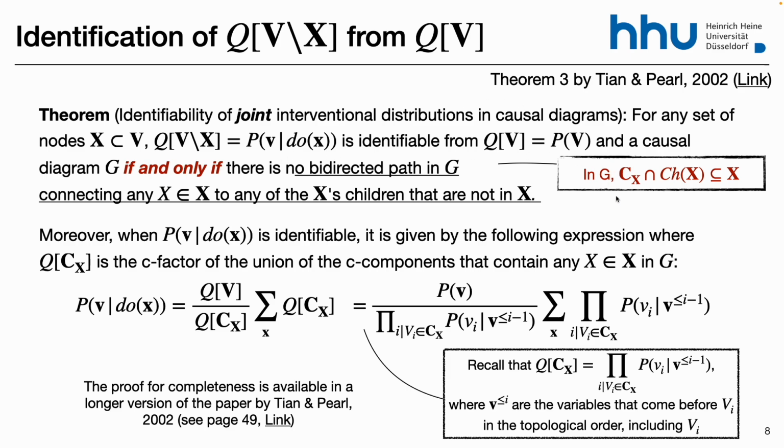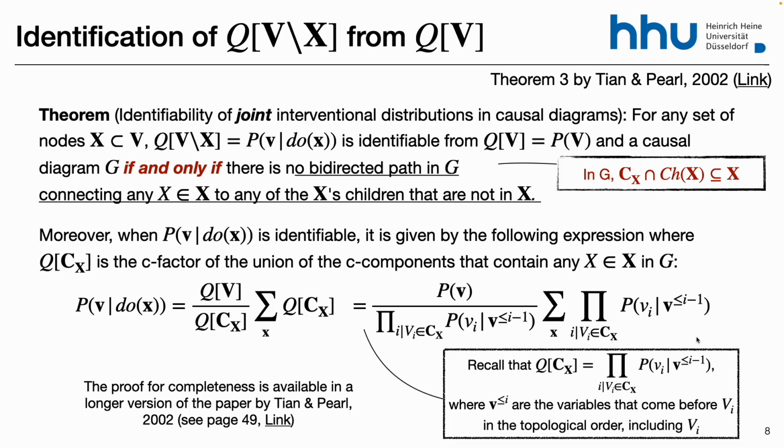If you merge the C-components, that is, take the union of all the C-components for every variable in the set X, and these C-components don't include any variable that's a child of X except X itself, then this is satisfied, and the probability of V given do(X), the joint distribution, is equivalent to Q of V minus X. This can be computed by this weird formula, which just uses P(V), something that you have, and some conditional probabilities derived from P(V) using lemma 10 from the ID algorithm.